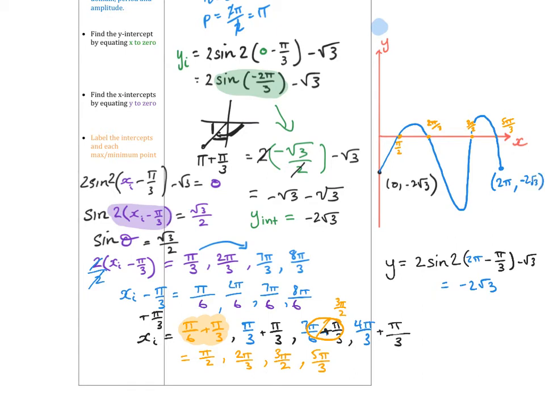Now the maximum points, well, we actually know something about this when we look at the amplitude. We know that the amplitude is 2. So this maximum point here, whatever the x value is, we know the y value is going to be the vertical translation plus that amplitude. So in this case, let's say we don't know what the x value is just yet, but the y value is going to be that vertical translation of negative root 3 plus 2.